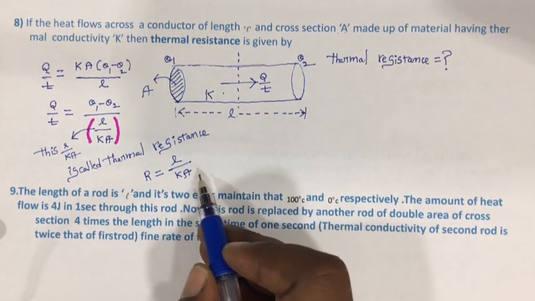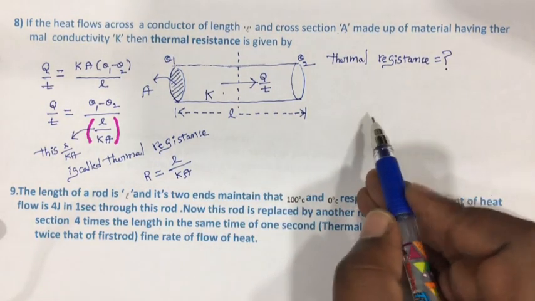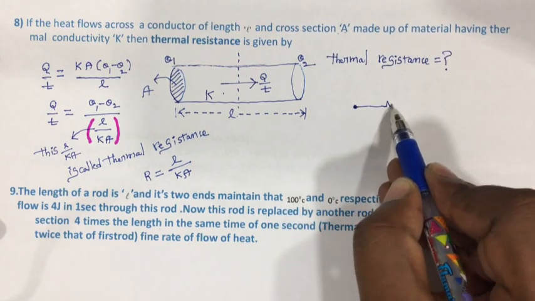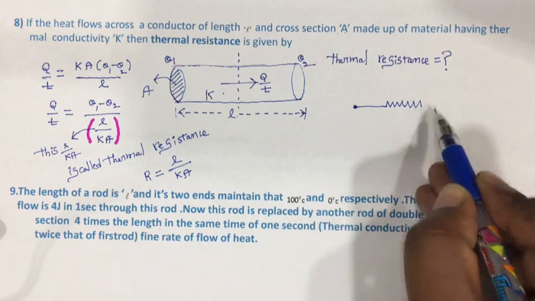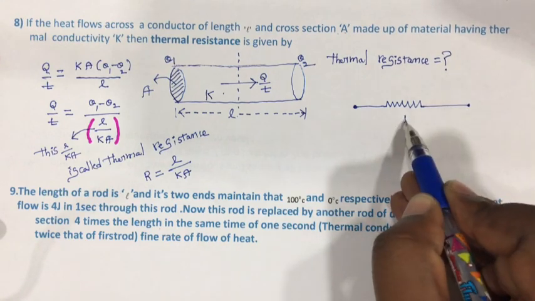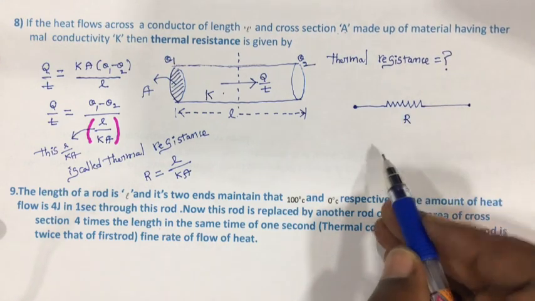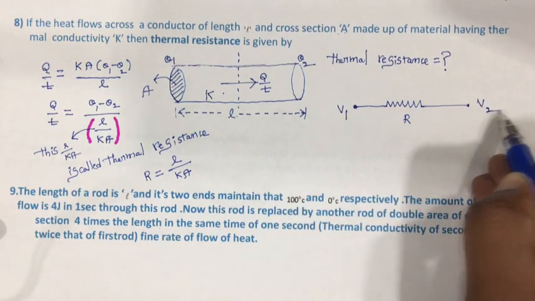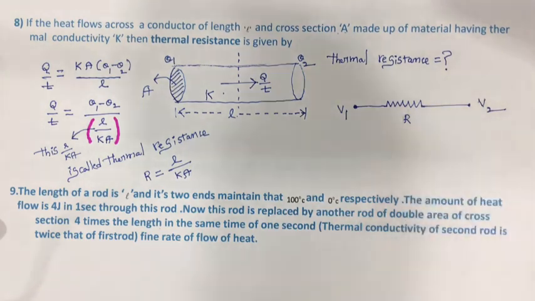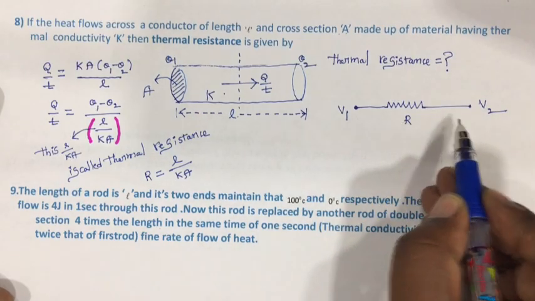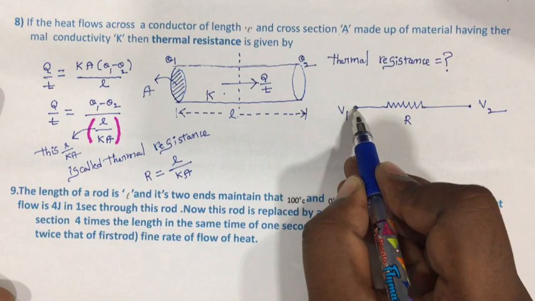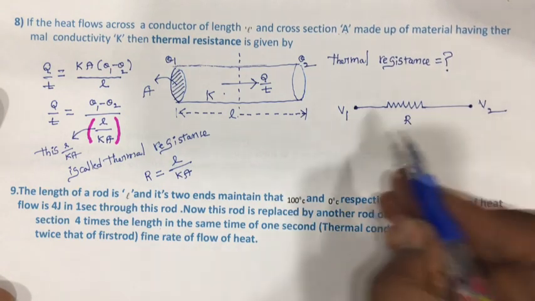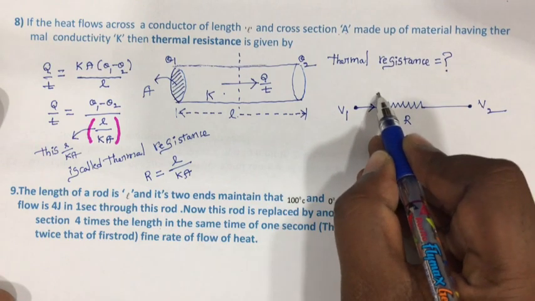Let us compare this L by KA with something in electricity. So this is the resistance of the rod or resistance of a conductor. Its potential is V1 at one end, at another end its potential is V2. The resistance of this resistor is R. Current is flowing through this one.